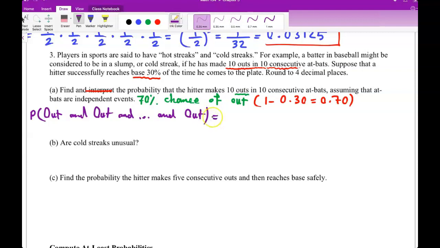That is equal to out multiplied by out, and so on. Here the probability of out is 70%.